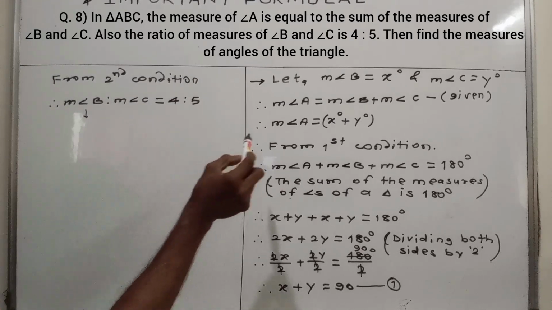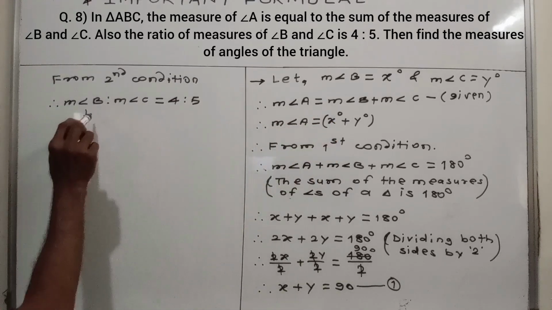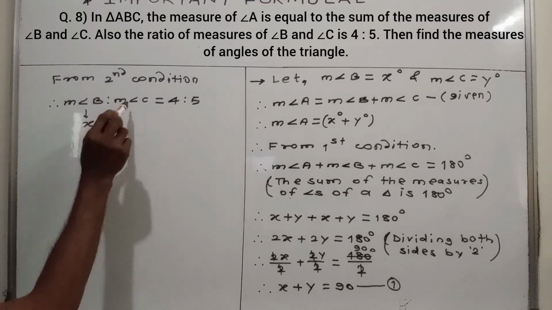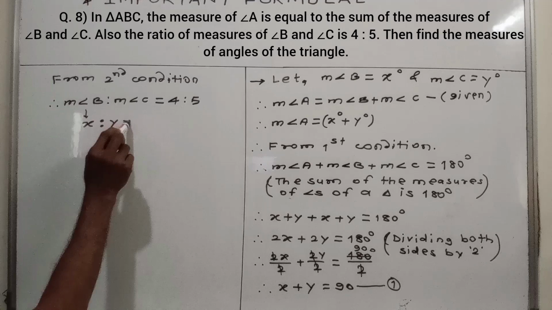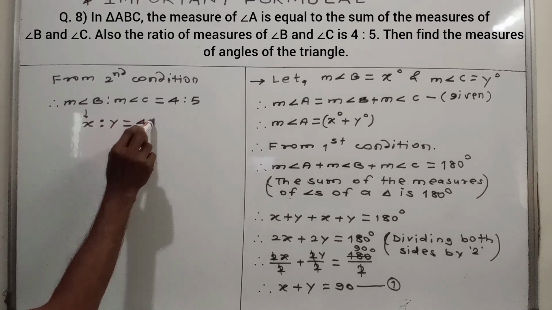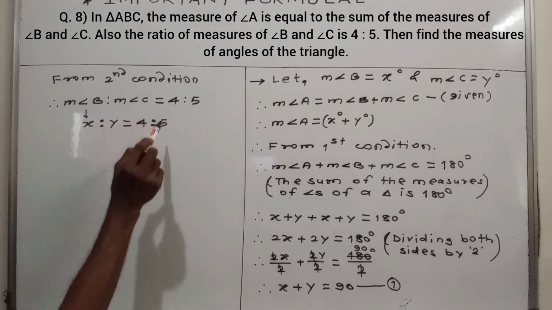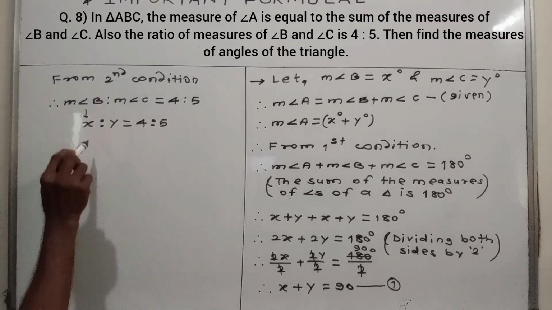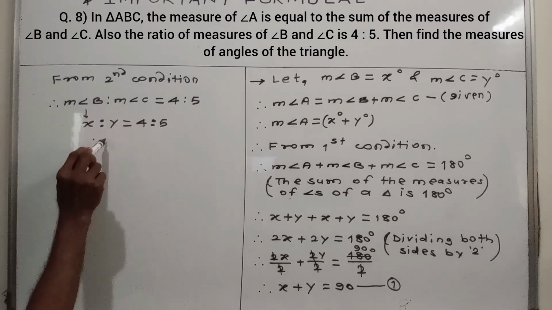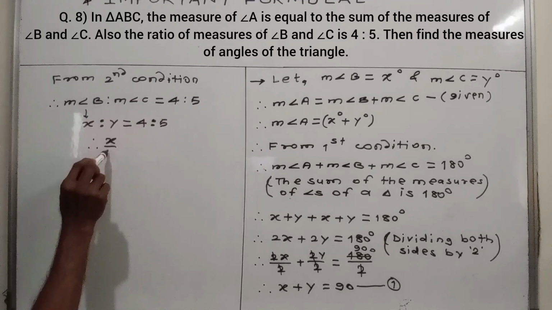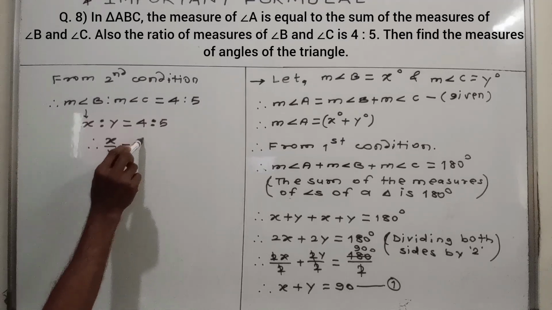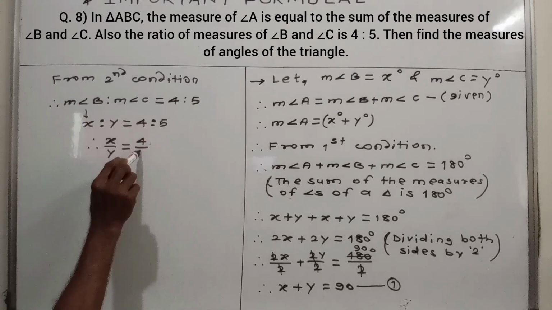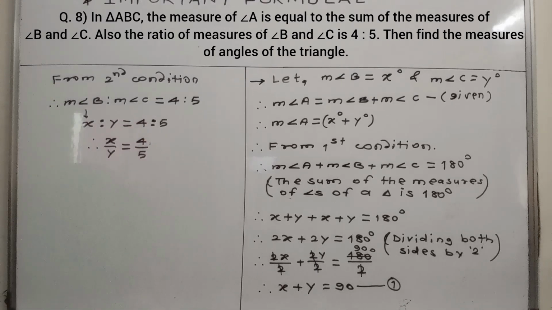Now we have written measure of angle B, which is x, is to measure angle C, which is y, is equal to 4:5. Now this ratio we convert into division. Therefore, x upon y is equal to 4 upon 5. Did you get it?